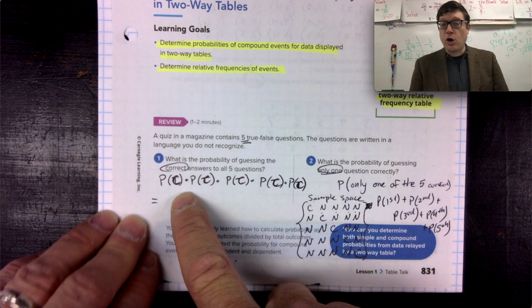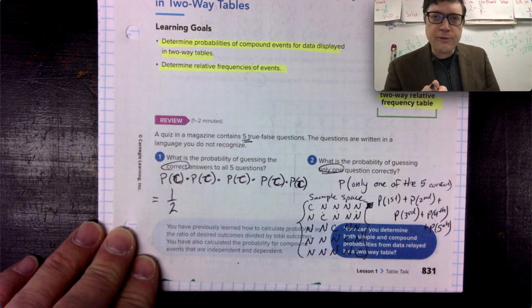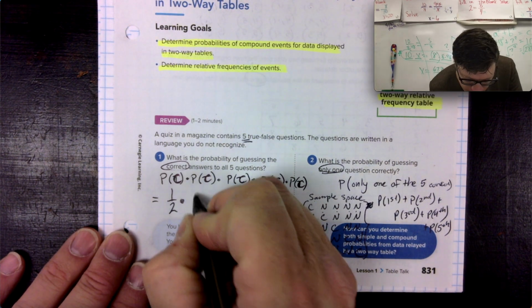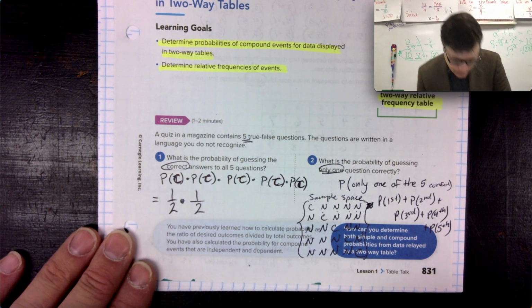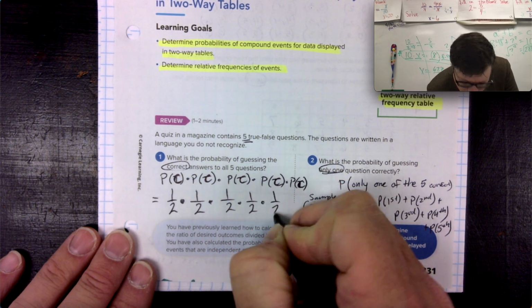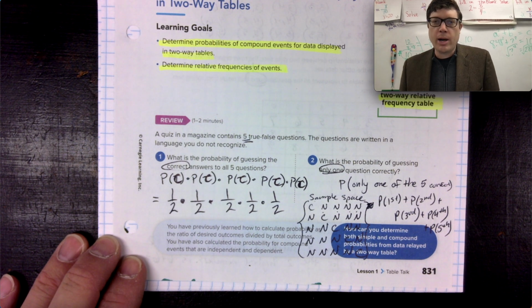The probability of getting a correct answer is 1 out of 2. And it does not influence the next question and your probability of getting the next question right. Correct. 1 out of 2. In fact, all 5 questions, just by guessing, have a 1 out of 2 chance of being guessed correctly.